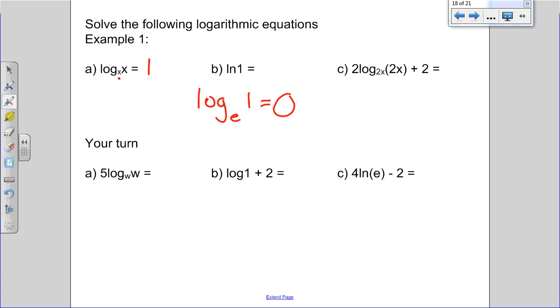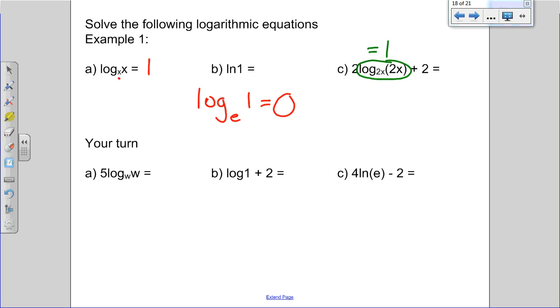The last one. You see something like this, and they want to know what it's equal to. You need to recognize that this thing in here equals 1. The base and the argument are the same thing. If the base and the argument are the same thing, then the log of that equals 1.